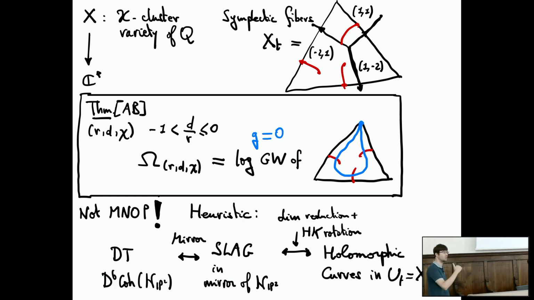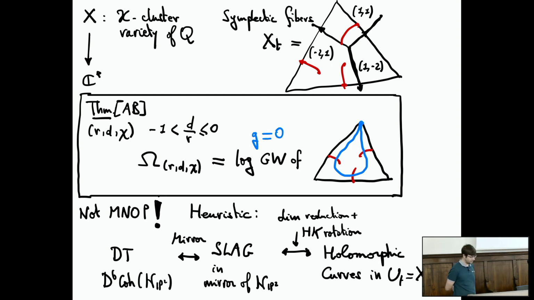And then if you have a two-dimensional hyperkähler geometry, you can do a hyperkähler rotation to turn your special Lagrangian into holomorphic curves. And if you identify the output of this hyperkähler rotation, the claim is that you arrive at this correspondence: you will get holomorphic curves somewhere, and the somewhere is the geometry I've described.